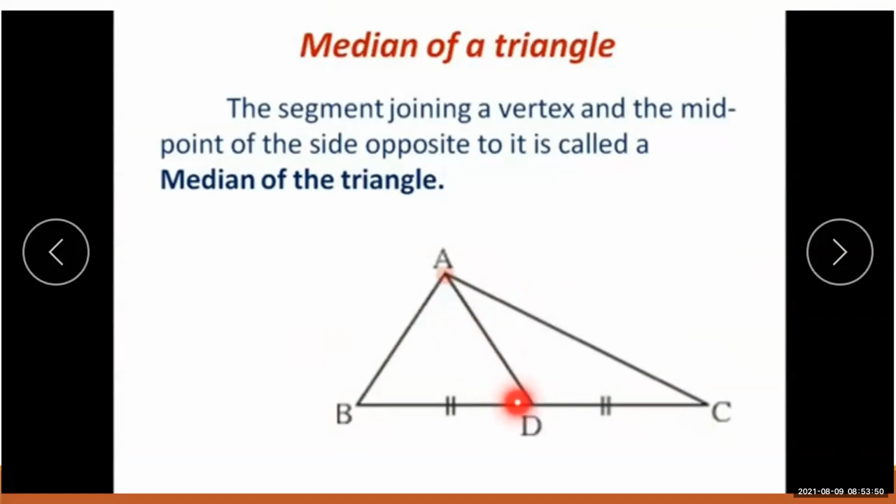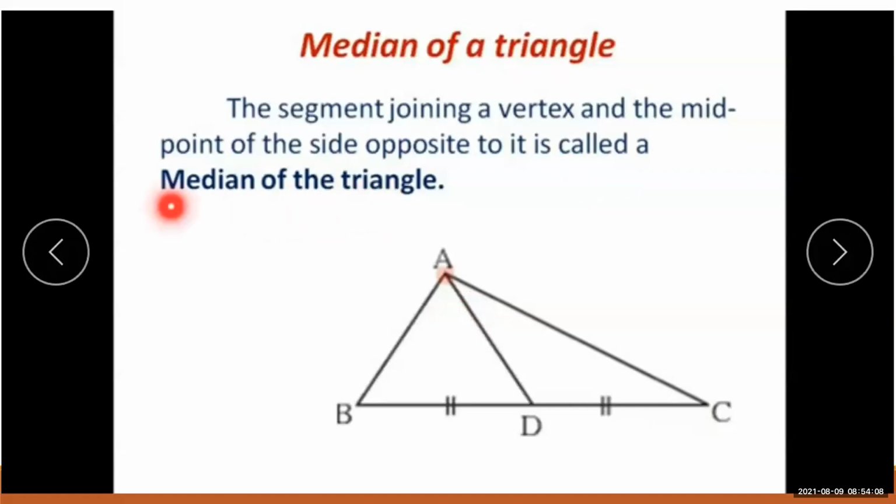Yes, we learned it before. So the definition is given here: the segment joining a vertex and the midpoint of the side opposite to that vertex is called a median.